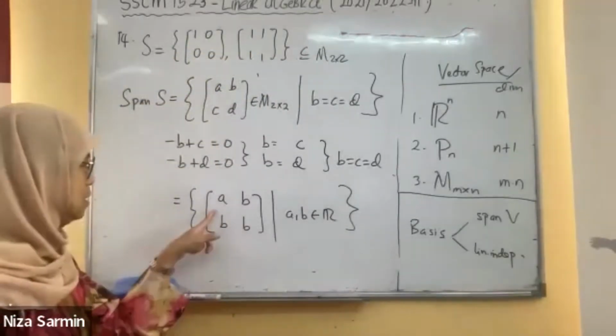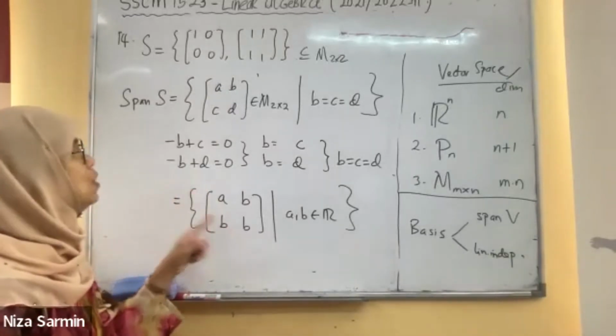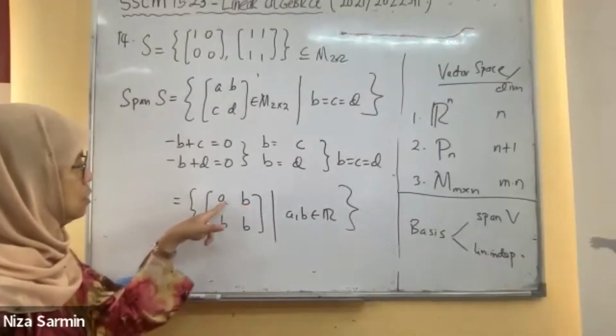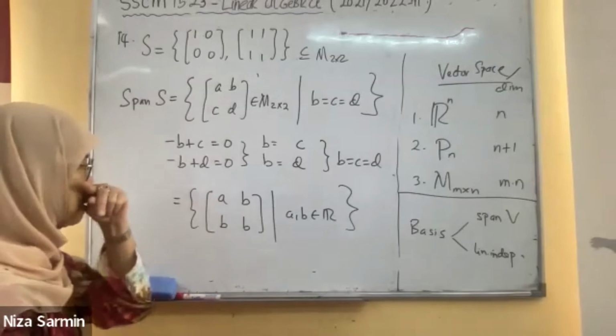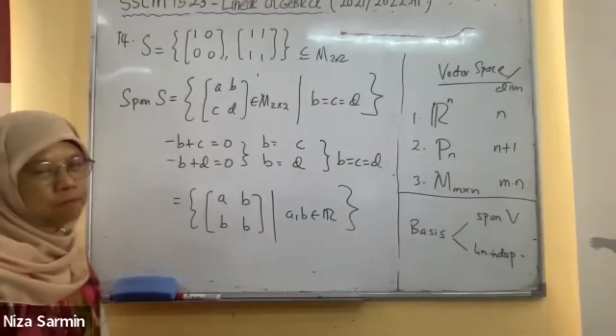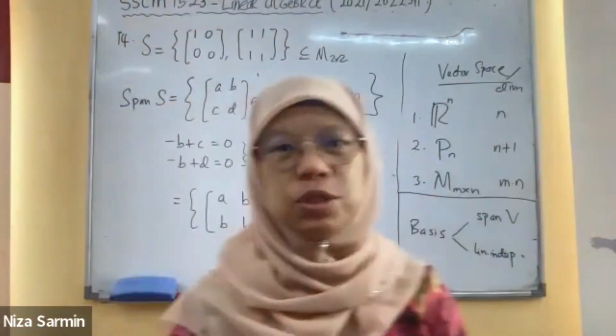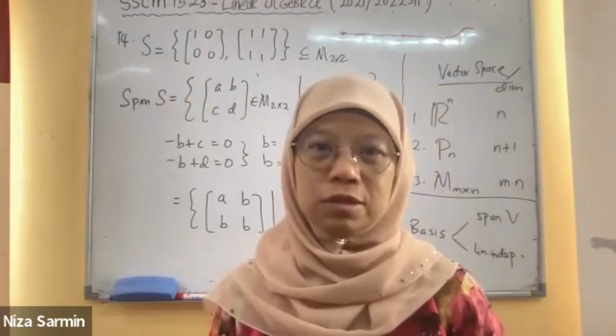So you can see when you take out A, you get 1, 0, 0, 0. When you take out B, you get 1, 1, 1. So this is the spanning. But this question wants to see whether it's a basis. I just go ahead and write out the span.